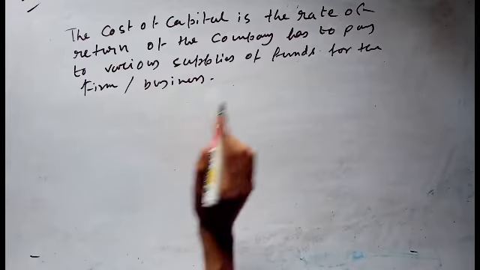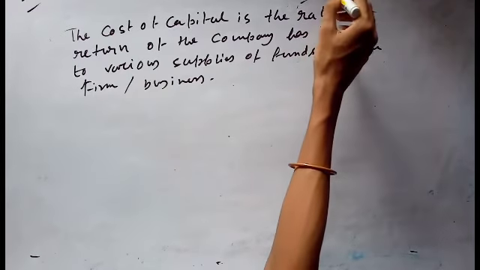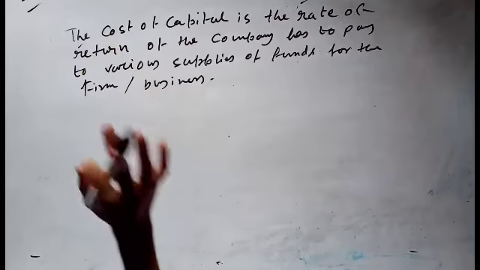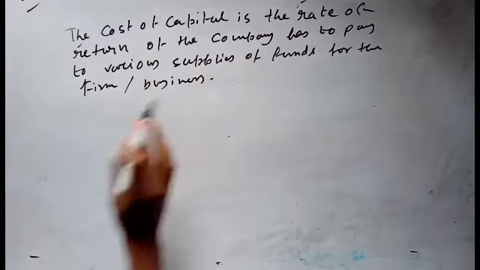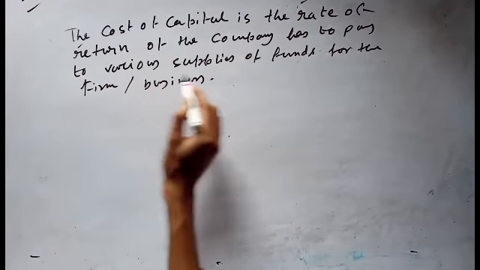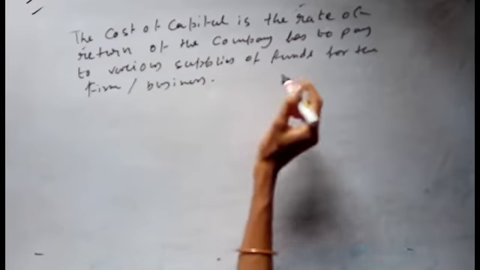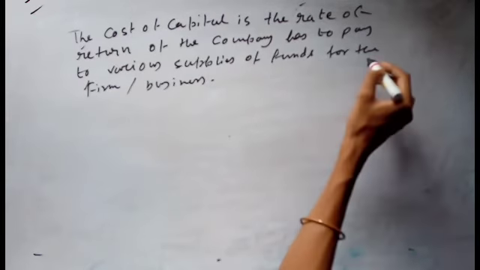As I told you, it is the rate of interest and the return for equity that the company must pay to various suppliers of funds, like equity and debenture, for the firm or business.